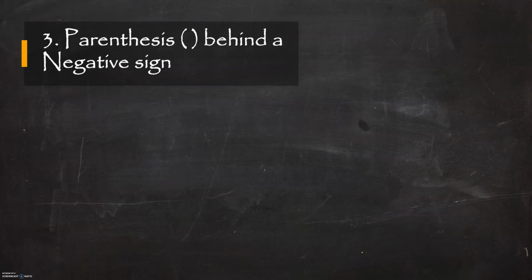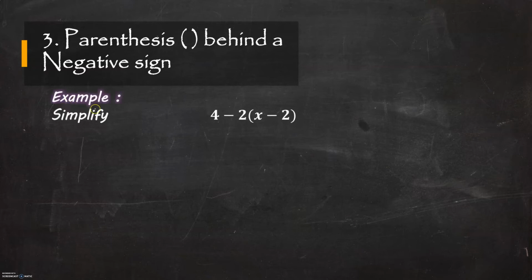Number 3 is parentheses behind a negative sign. Here is the example. Simplify 4 minus 2 (x minus 2). And here's the incorrect way. Some of you would just remove the parentheses and keep everything the same.